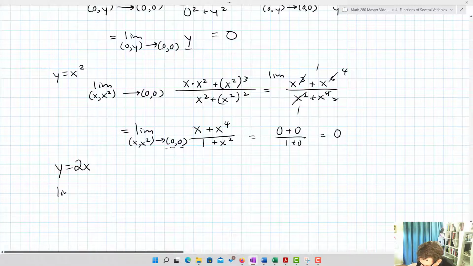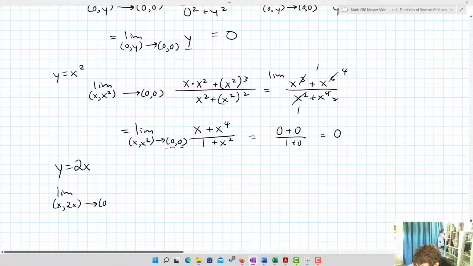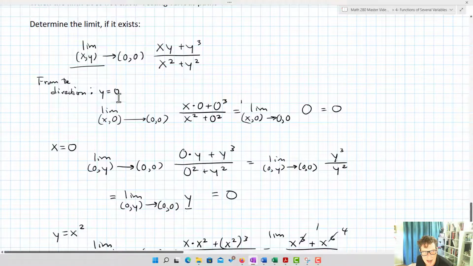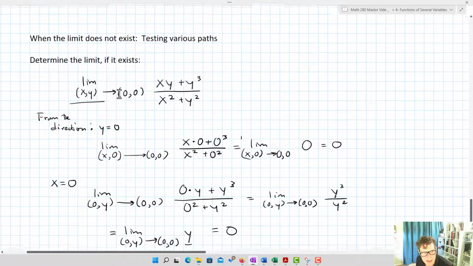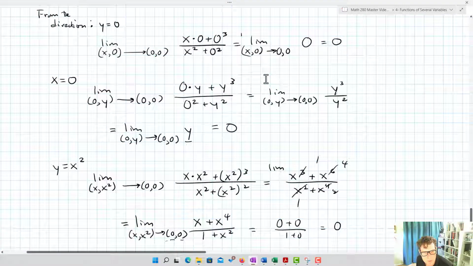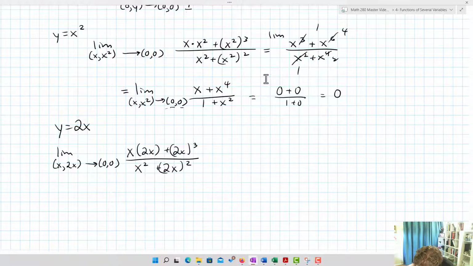So I want to know the limit as (x, 2x) approaches (0, 0), and I'm going to plug in here. I'm going to get, that's xy plus y cubed, so x times 2x plus 2x cubed divided by x squared plus 2x squared.